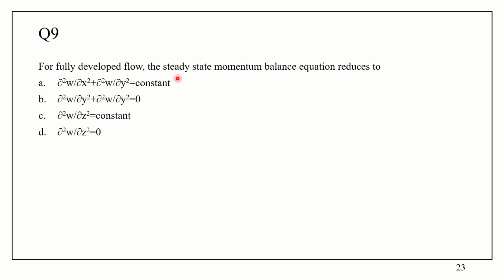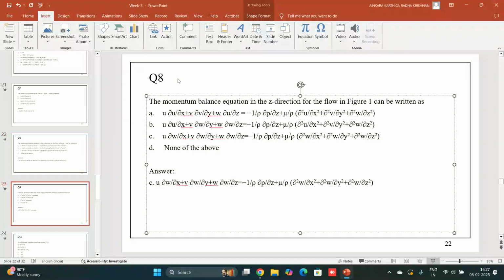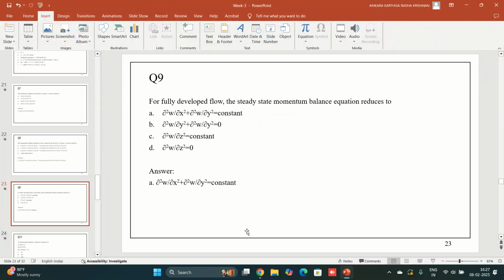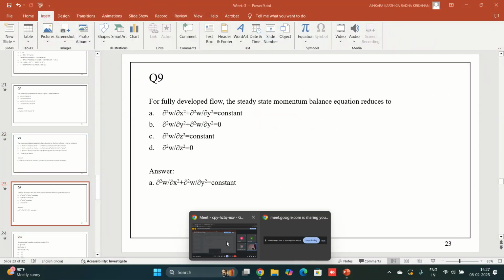That is what we have seen in the previous classes also. If someone can give the answer, it will be okay. I gave the clue almost: W is a function of x and y. So we'll see if anyone has given.